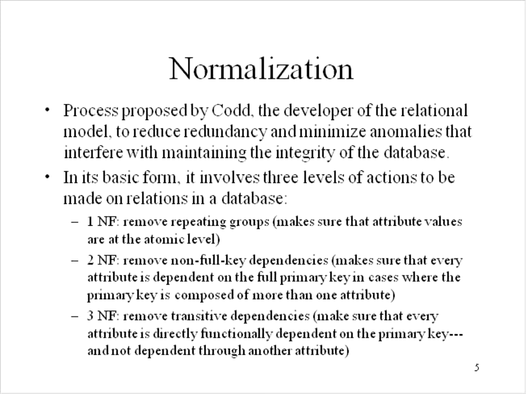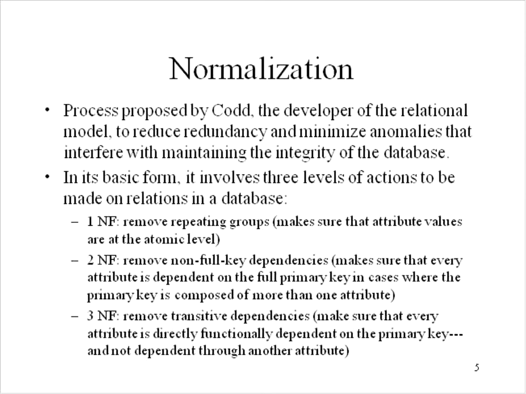The third normal form is you remove the transitive dependencies. And what is a transitive dependency? That's when attribute A is dependent on attribute B, which is dependent on attribute C. When something is dependent on something which is dependent on something else, that should not exist in a table.